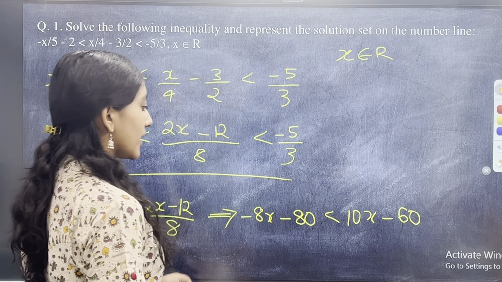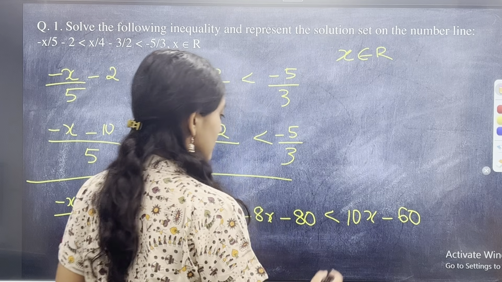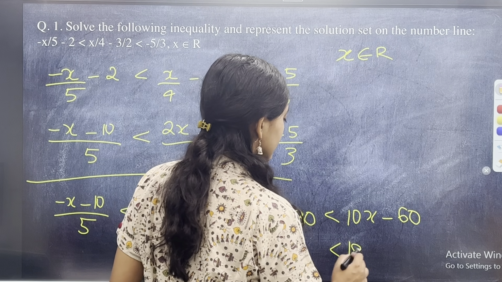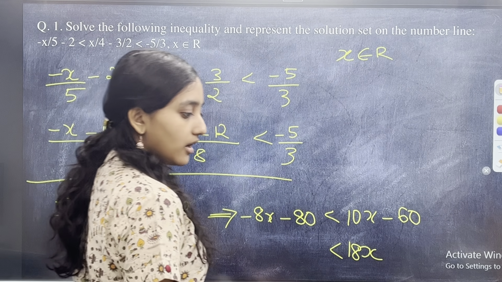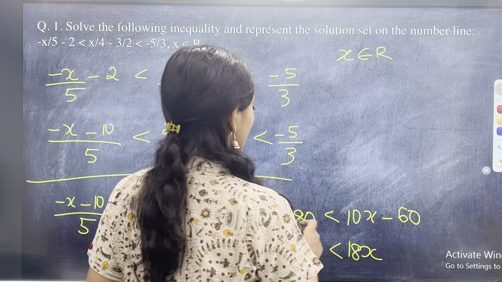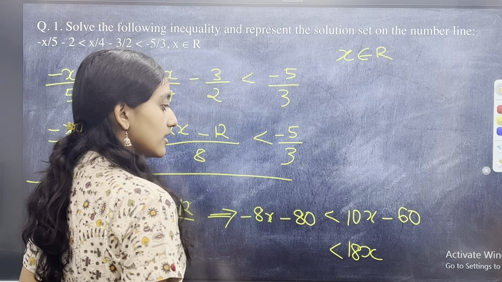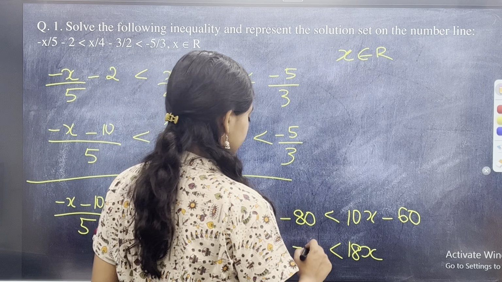So when we bring minus 8x that side, 8x plus 10x is 18x. So you have less than 18x and automatically एक चीज तो इस तरफ हो तो दूसरे जो numbers होंगे उसको दूसरी तरफ भेजना पड़ेगा. So you have minus 80 here, minus 80 plus 16 is minus 20.